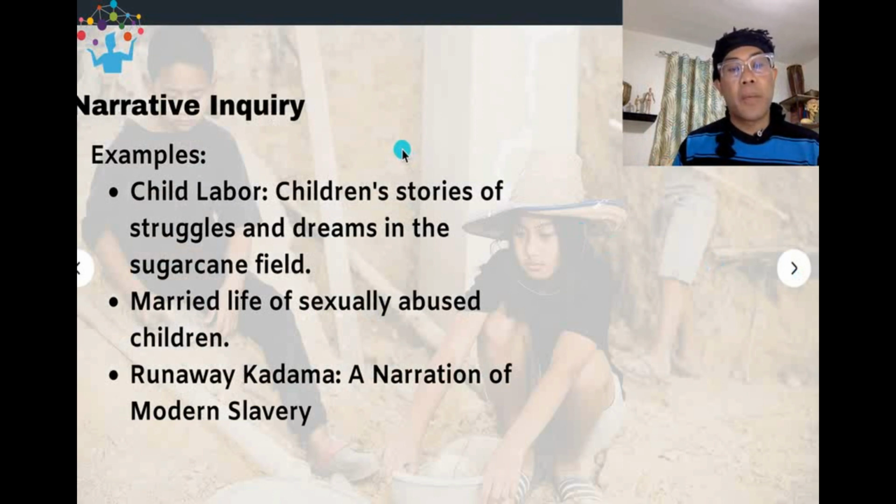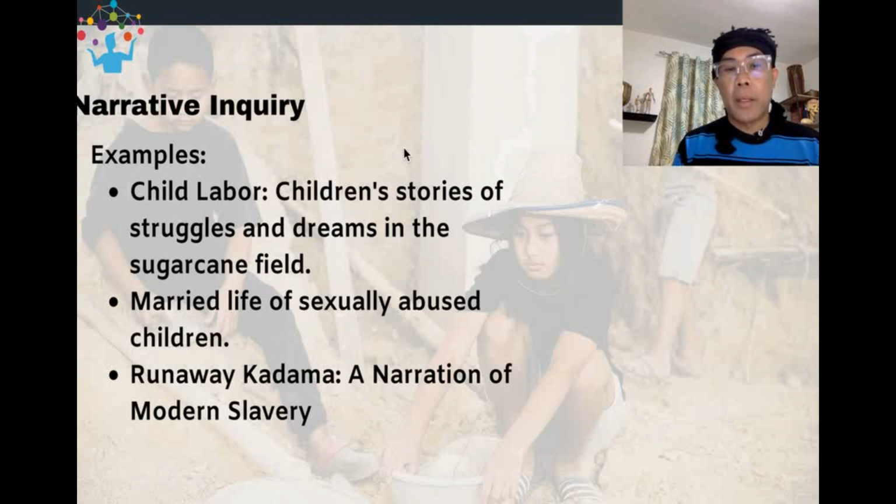So let me give you some examples of narrative inquiry. The child labor: children's stories of struggles and dreams in the sugarcane field. You combine different stories of children. I have been into this study, I think 13 years ago.